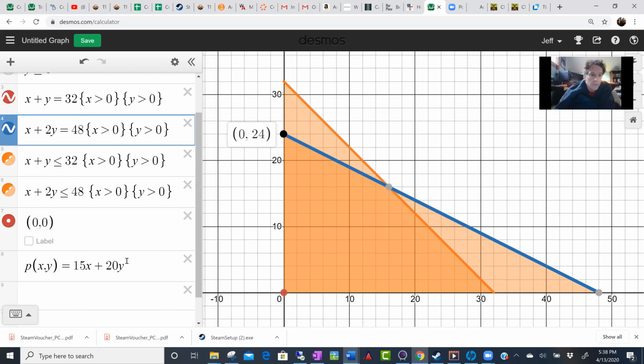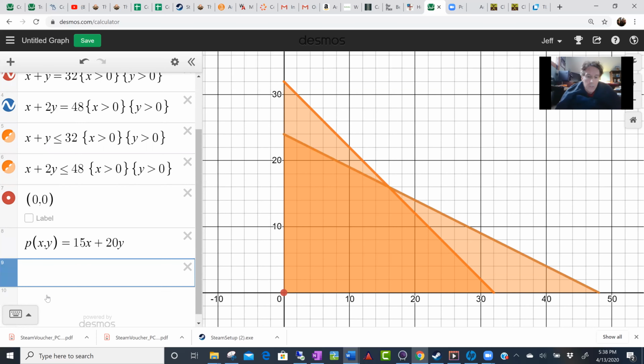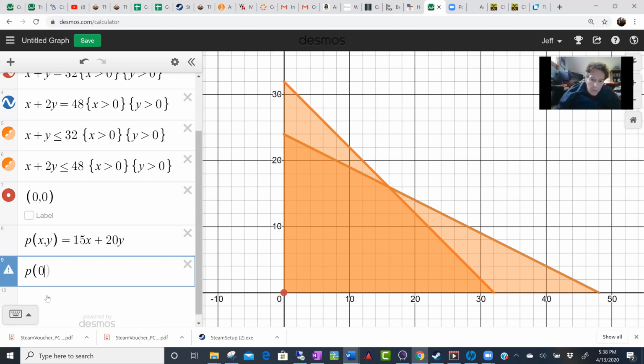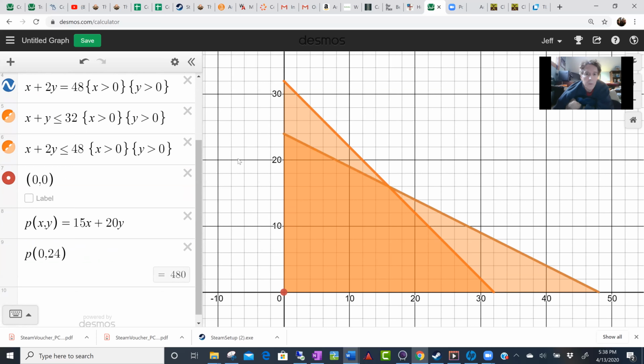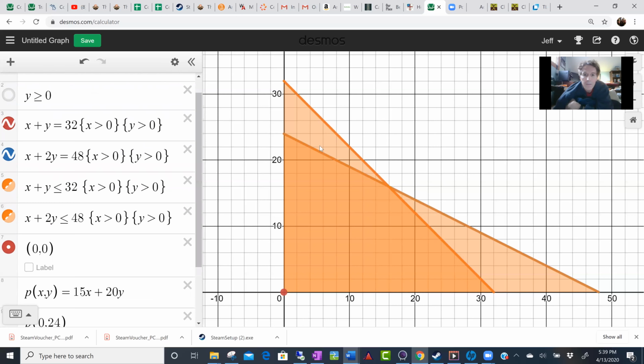So 0 and 24. That's 0 for x and 24 for y. So let me type that in. P of 0 comma 24. And you can see that 15 times 0 is 0, 24 times 20 is 480. Okay. Now the nice thing about Desmos is that it's pretty easy, especially with our setup, to find this point of intersection.